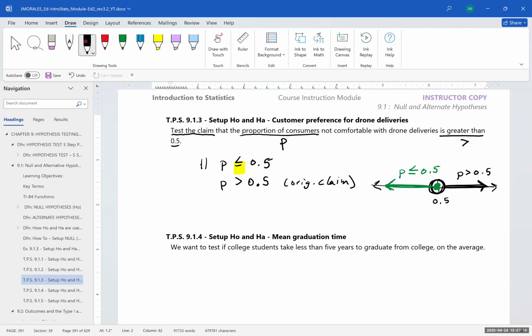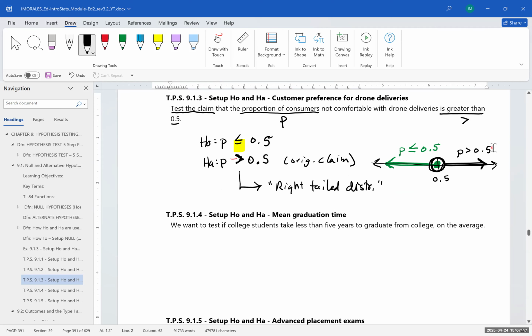So this one is our null, which means the other one has to be the alternate hypothesis. And because this is greater than, right, make an arrow out of it, we're going to be dealing with a right-tailed distribution if we were to continue on with this hypothesis test.